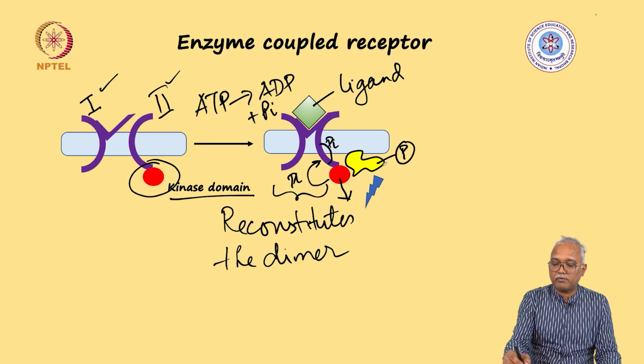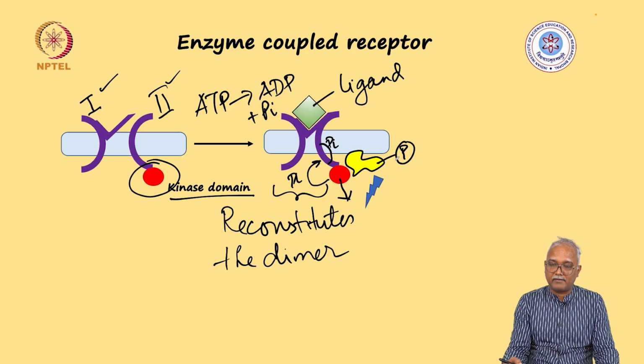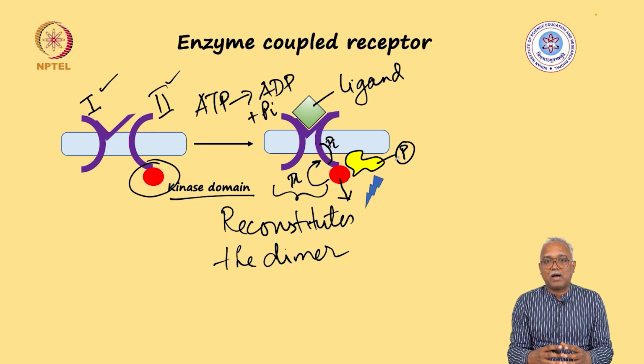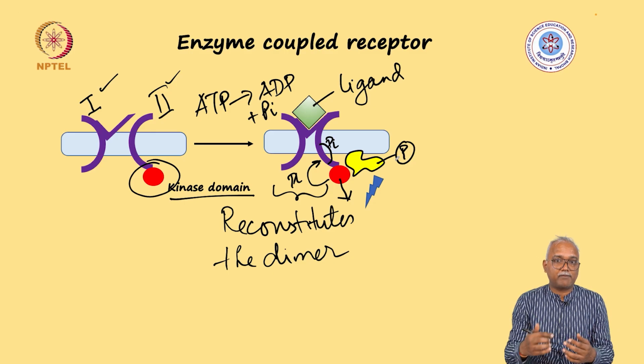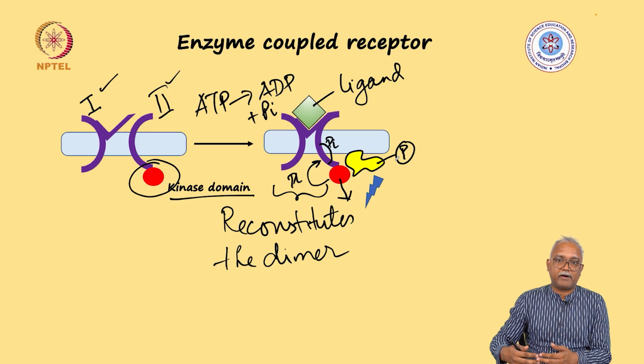So this molecule which is finally activated will have targets. Often these molecules are kinases themselves, so they will perpetuate this signaling event by activating the next set of molecules.